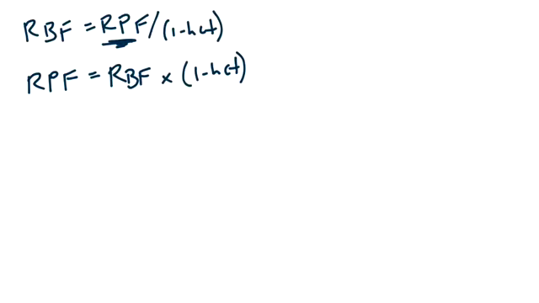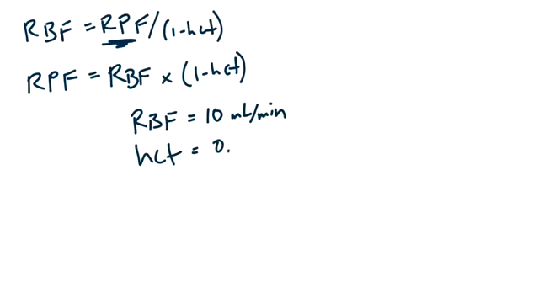So what is the renal plasma flow if the RBF is, again, 10 milliliters per minute, and the hematocrit is 0.5? Plugging these numbers in, we get 10 times 1 minus 0.5, or 10 times 1/2, which equals 5.